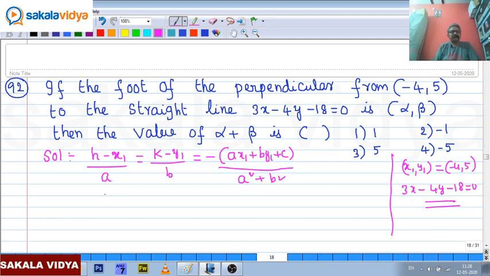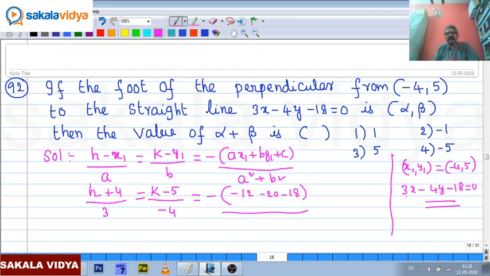So now (h minus x1) over a: (h plus 4) by 3, (k minus 5) by minus 4, equals minus of 3 into minus 4, minus 12, minus 4 into 5, minus 20, and minus 18, upon a square plus b square, 9 plus 16.